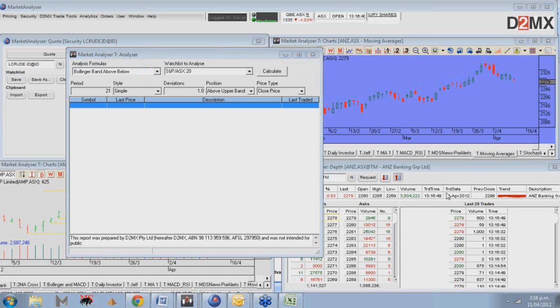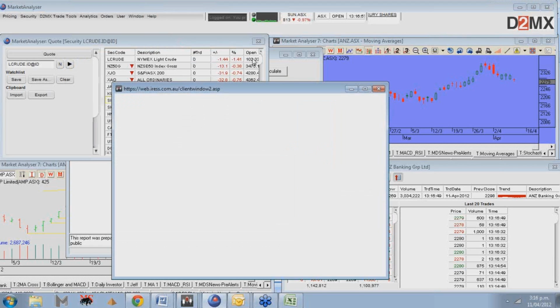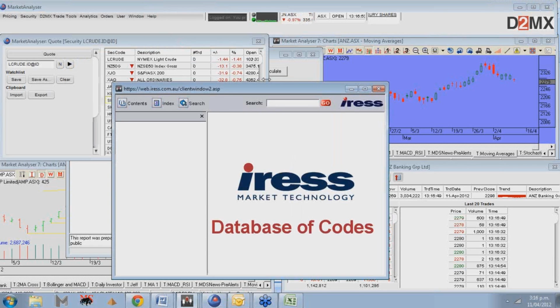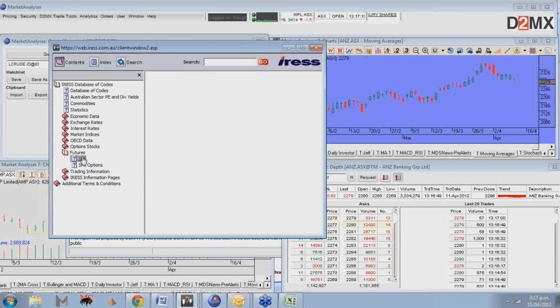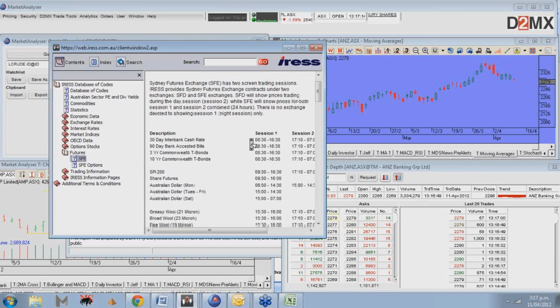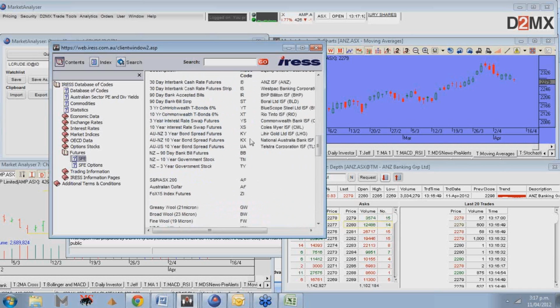Suzanne, the futures codes, if you go into the help database codes where we were before, and over on the left here we've got database of codes, and down here futures, SFE options in there, and there's the Sydney Futures Exchange codes that are available.